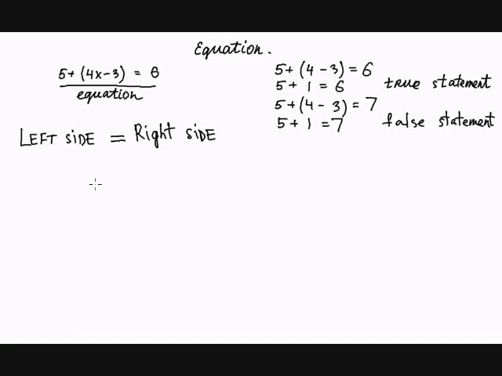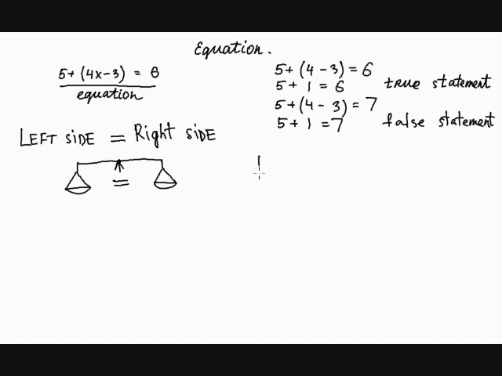So you can think of the equation as a scale that is balanced. Whatever you have on the left side is equal to what you have on the right side.